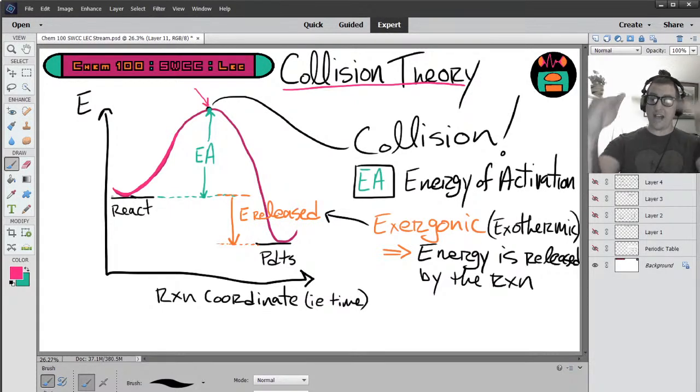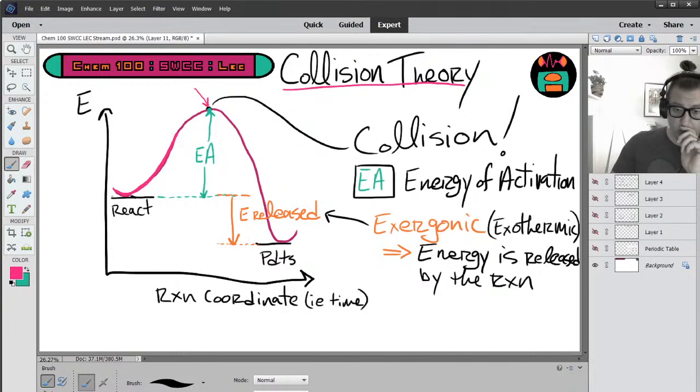When you don't have enough energy to get over that barrier, no reaction will happen. And the reactants will just slosh around waiting for there to be enough energy so that they can. Often you'll see chemical reactions where you have to add heat for the reaction to start taking place. And that's because of this phenomenon. Rox, excellent question.